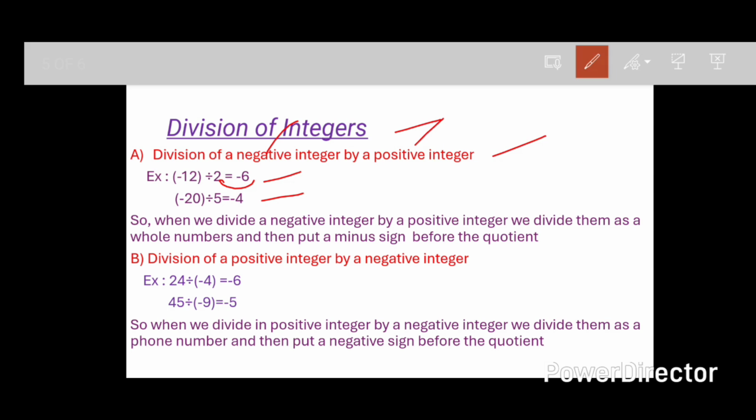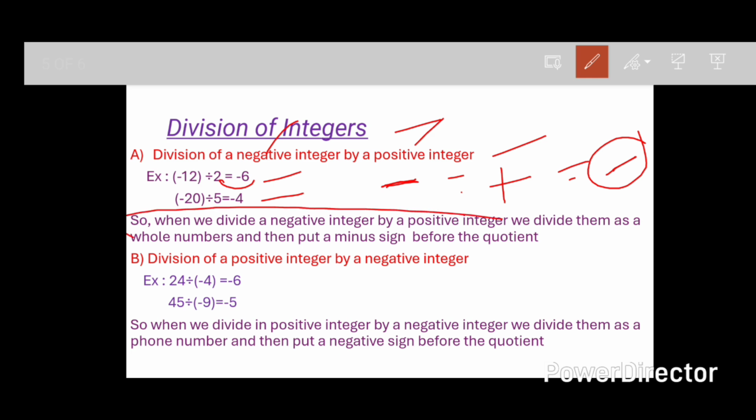If in the division process only one negative symbol is there, in the answer quotient minus is remaining. Minus will remain as it is. Okay, if only one negative symbol is there in the division process, in the answer also negative sign will come. Remember this point. Okay, so what is the conclusion?